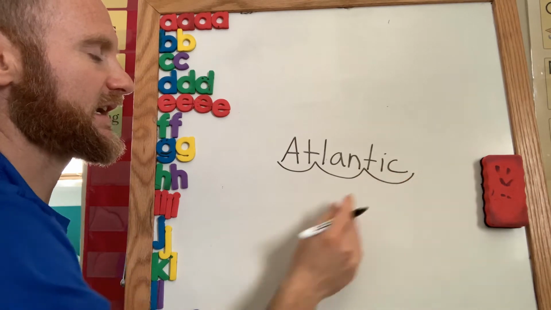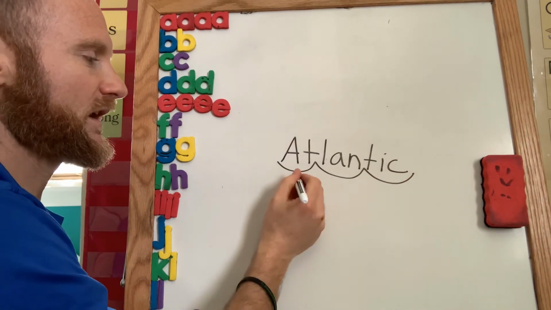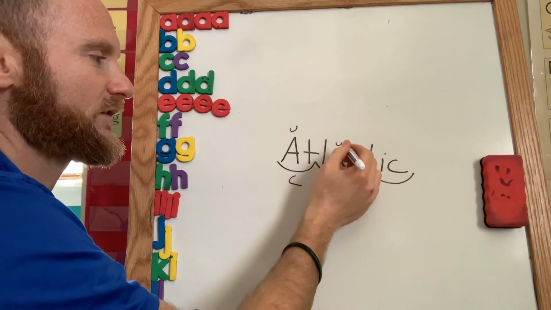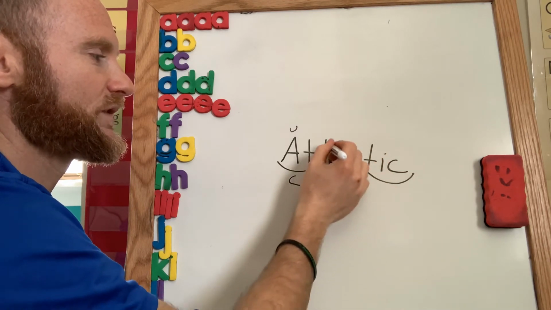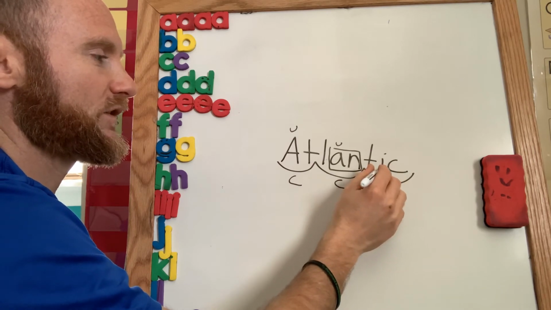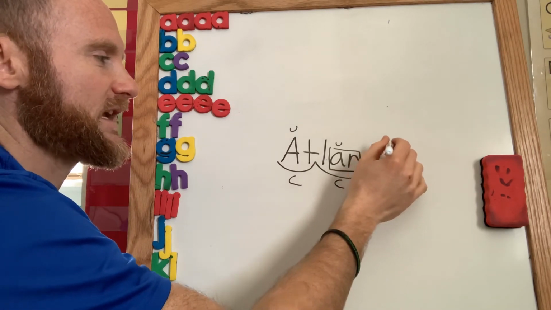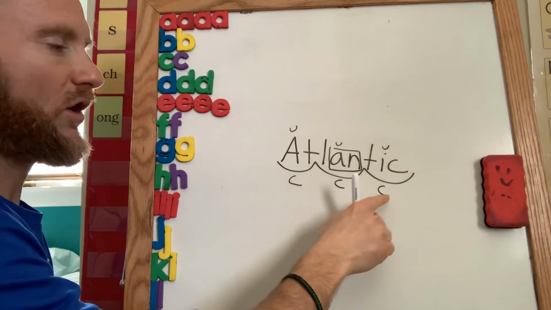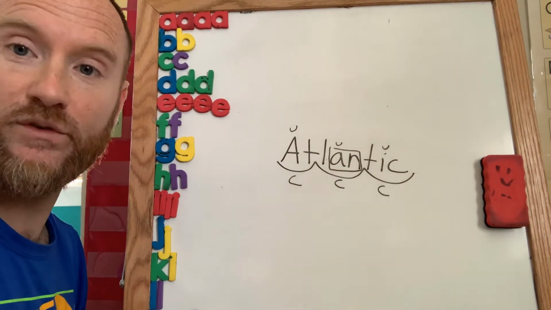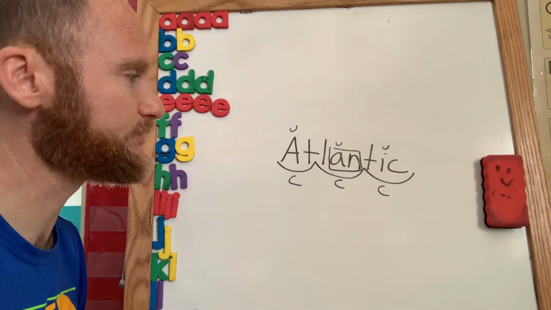Atlantic, okay? We got a closed syllable here, short vowel sound. Short vowel sound. Here's a glued sound. This is closed. Also closed. Remember, it's closed because that vowel cannot escape, and it's short. All our closed syllables are going to have a short vowel sound, except for the closed syllable exceptions, right?